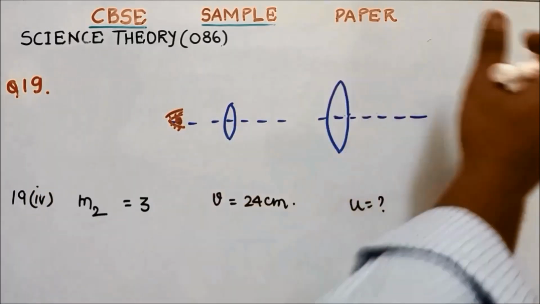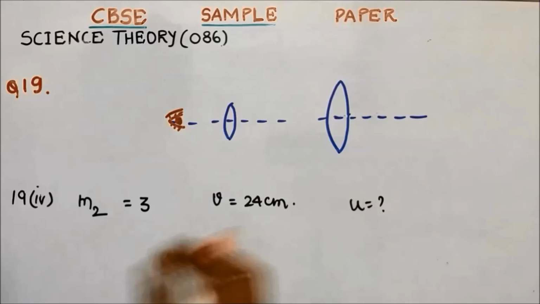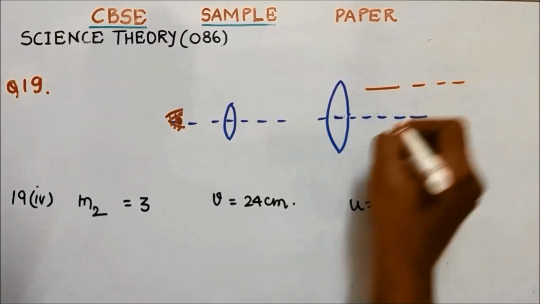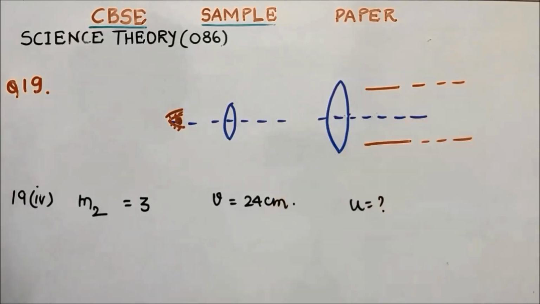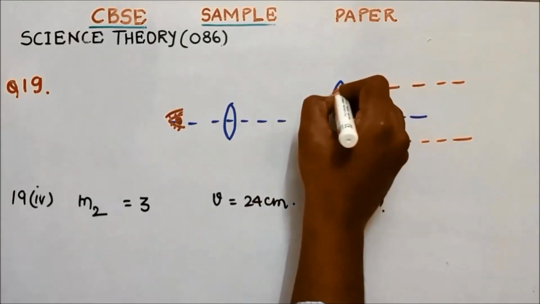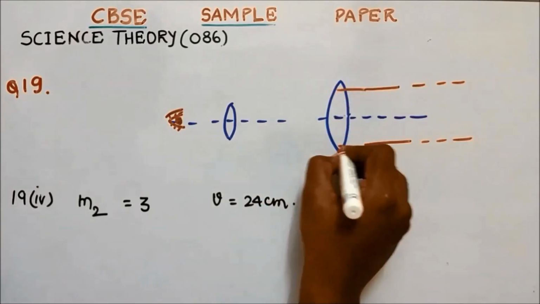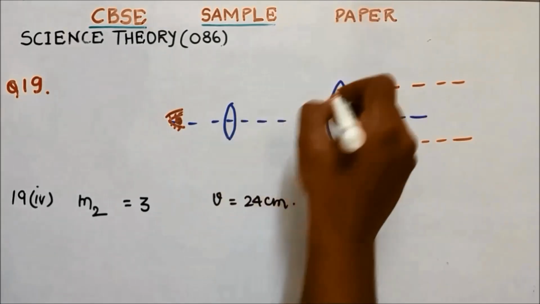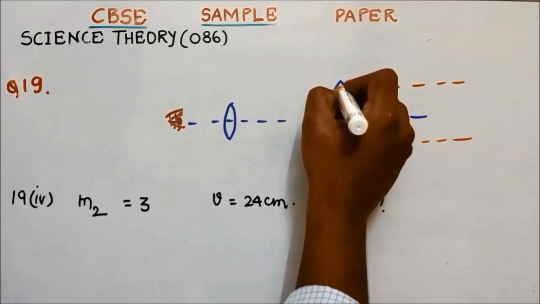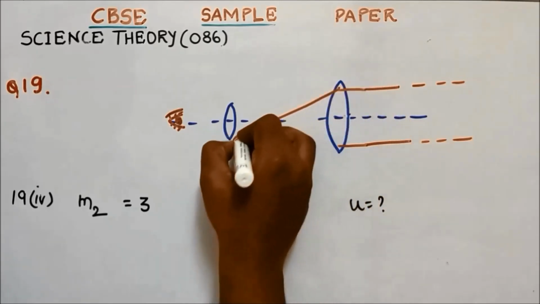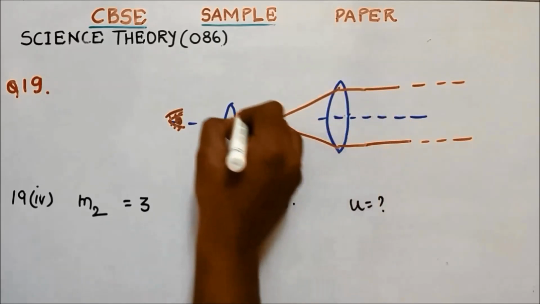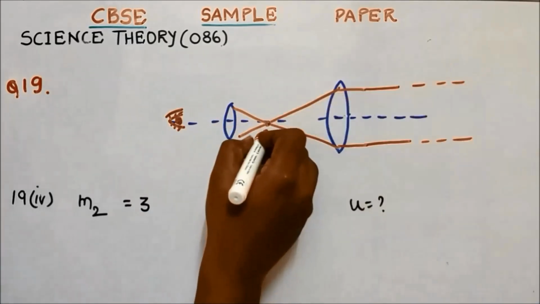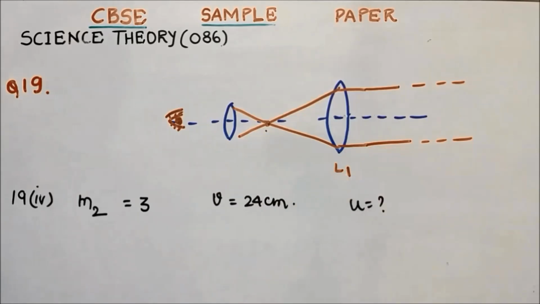The stars are far away on the far right, so the light enters the lens from far right. Now it refracts at the larger lens. Then they will converge at some point. So there they are meeting. So the image of the stars is formed here by lens L1.